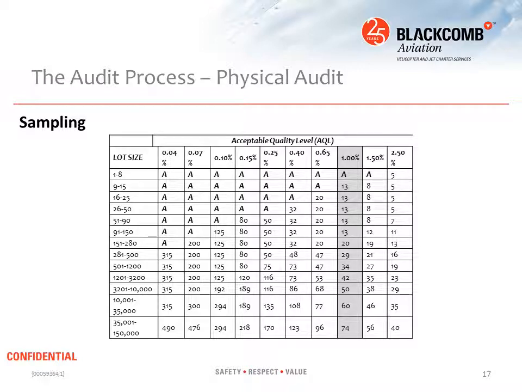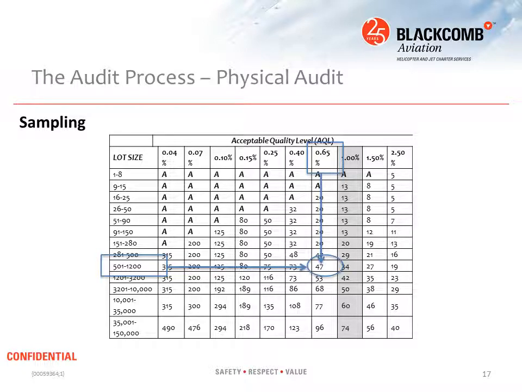Identifying that your lot size is 1,000, you locate this box on the left-hand side of the table. Your audit manager has identified that your sampling acceptable quality level will be 0.65%. Locate this box on the top row. Now move along the table until these two lines meet. This is what your sampling size will be.